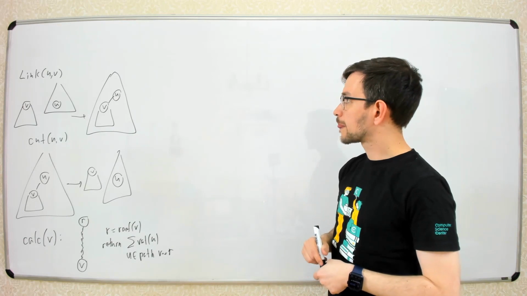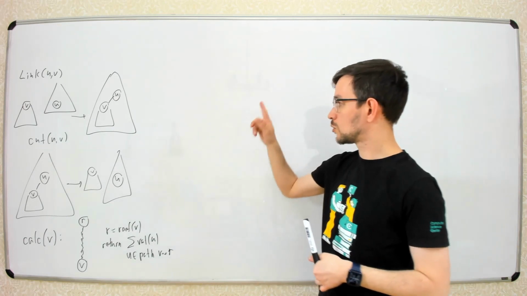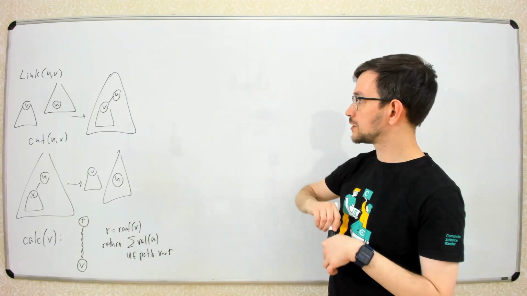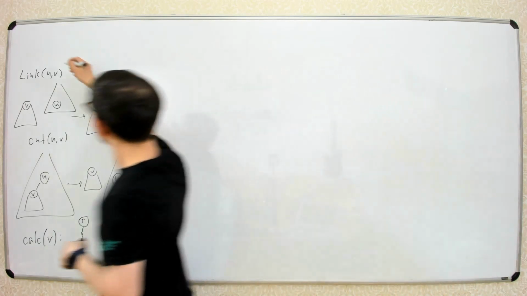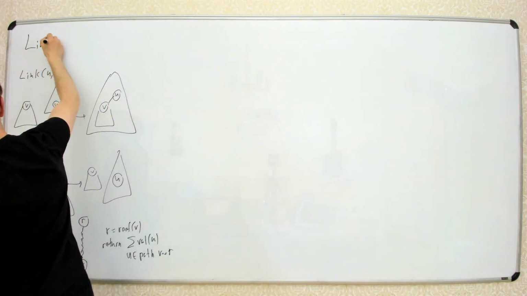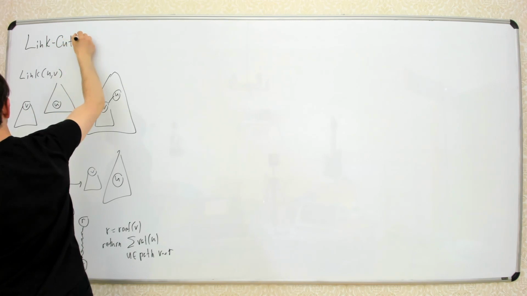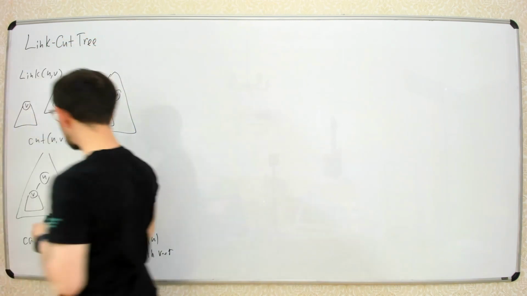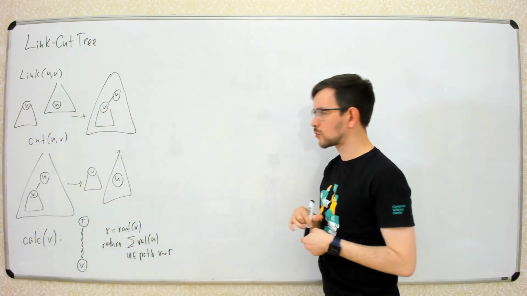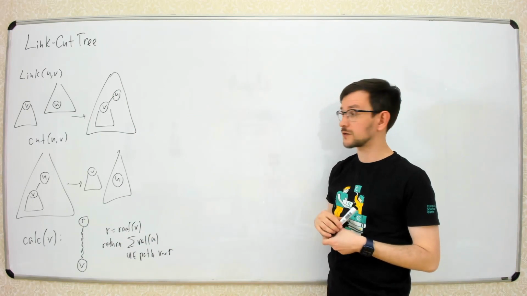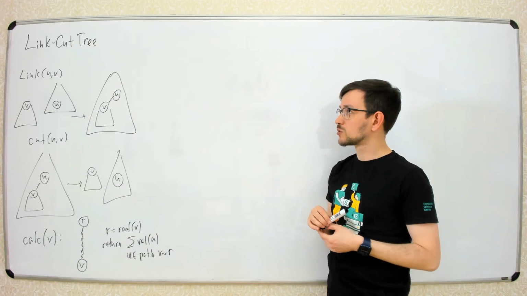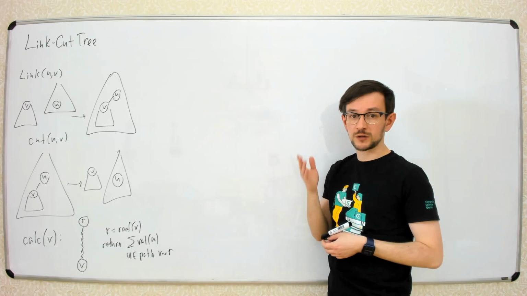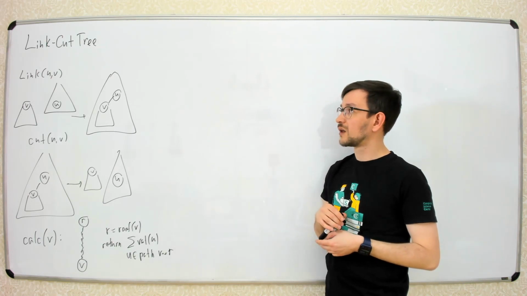And the data structure which allows you to do all these operations is the link-cut tree. It's actually one of the coolest data structures in this semester. Again, it was invented by Robert Tarjan and Daniel Sleator, like splay trees.